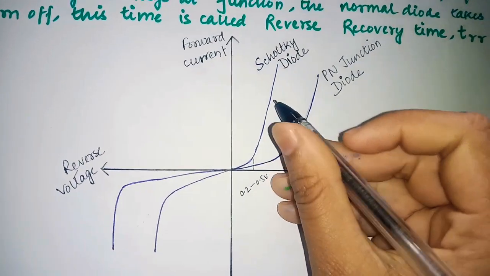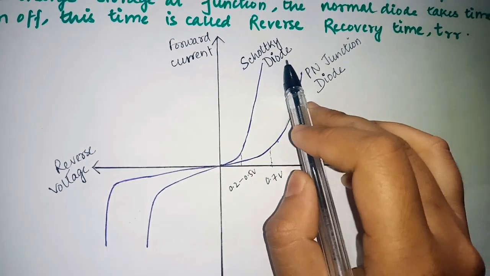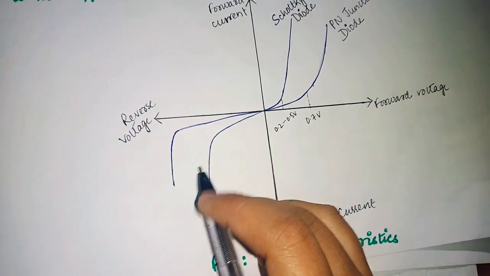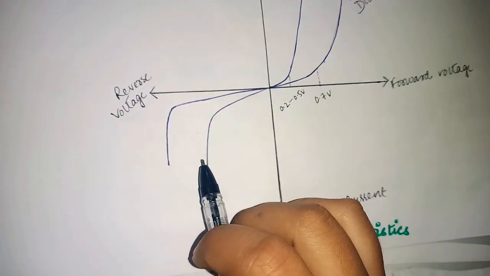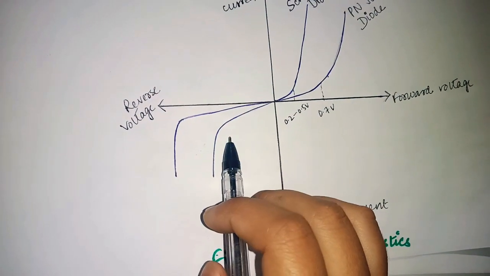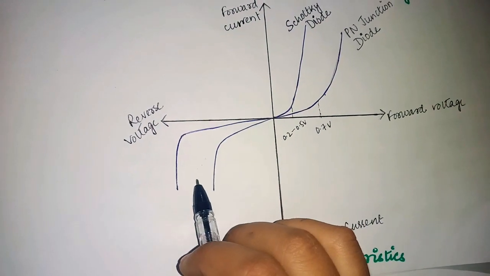So we can say that the Schottky diode has less forward voltage drop than the PN junction diode. Again, the reverse leakage is less than in the PN junction diode.